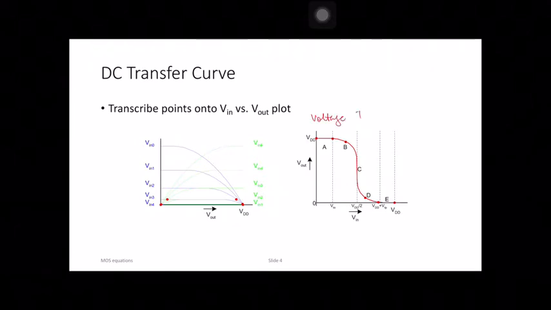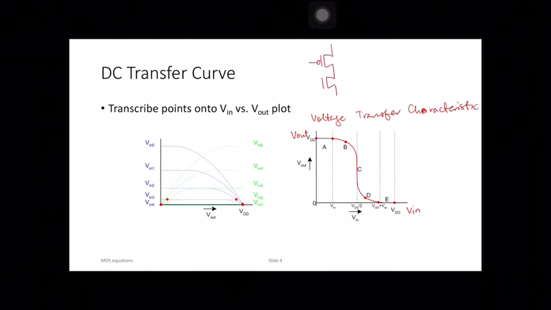The voltage transfer characteristic is the graph of Vout versus Vin. So how do they create this graph? For example, Vin here is 0. So what is the output voltage?